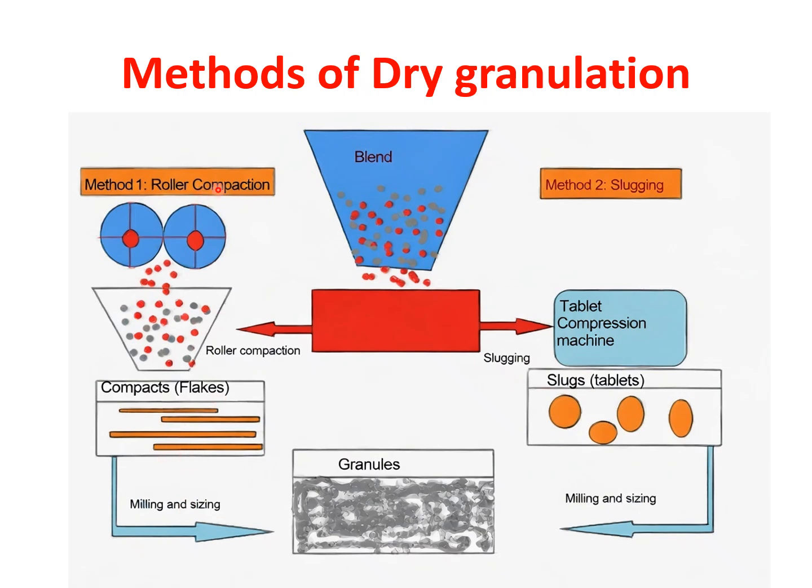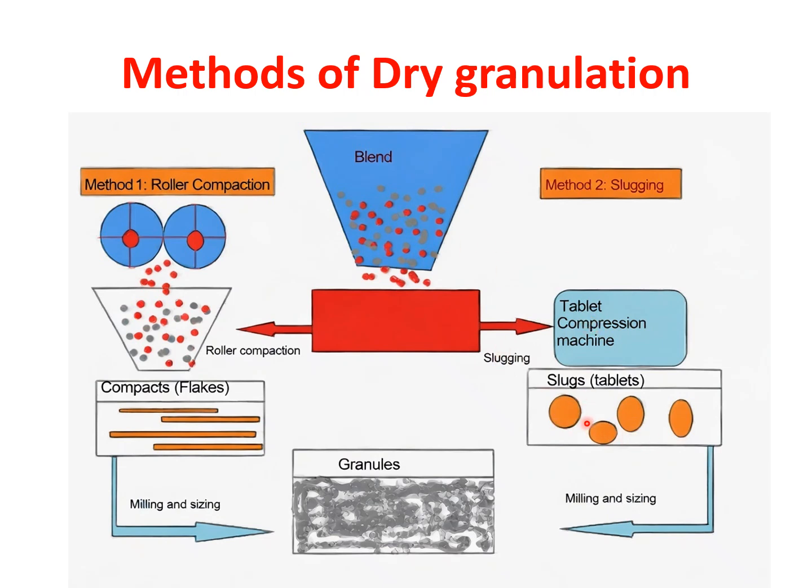Okay. There is another method for dry granulation named slugging. So what is the slugging method? The API and excipient blends or mixture are passed through a tablet compression machine. These are not the actual rotary tablet machine. These are just usual tablet compression machines in which different sized slugs are formed.